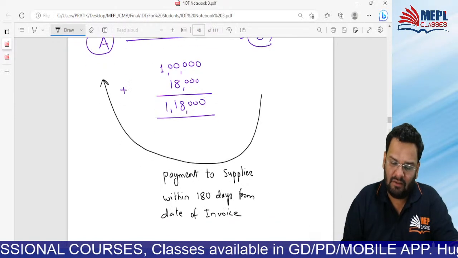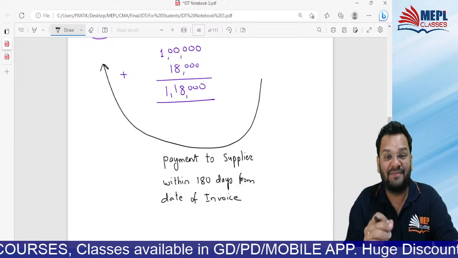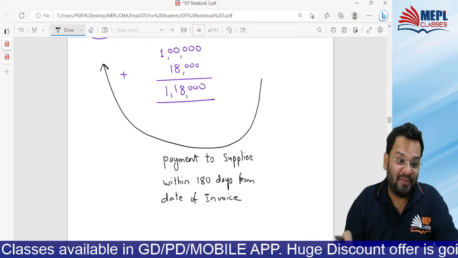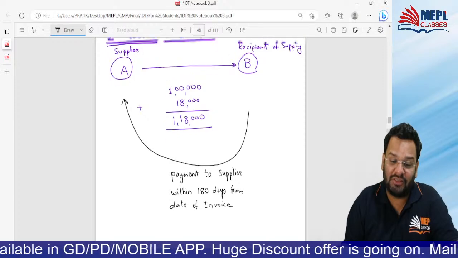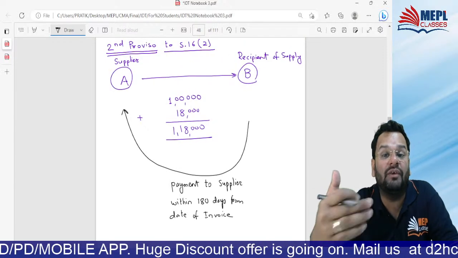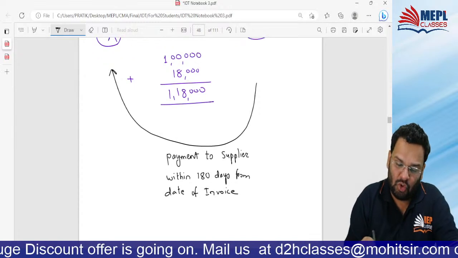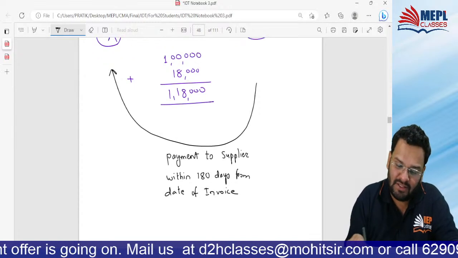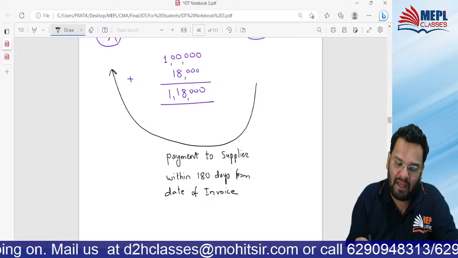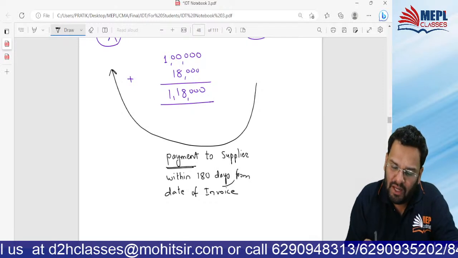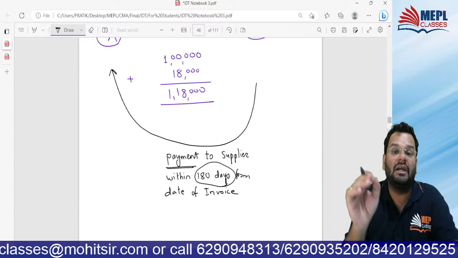Did you understand what the proviso says? And the main thing that the proviso says is, if not paid within 180 days, then what will happen? So the recipient of supply should make payment to the supplier within 180 days from date of invoice.